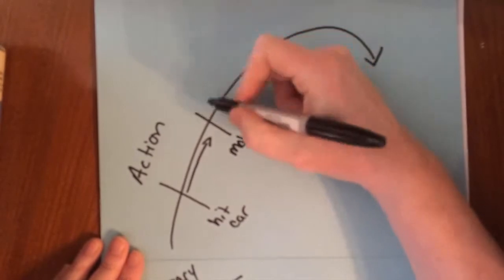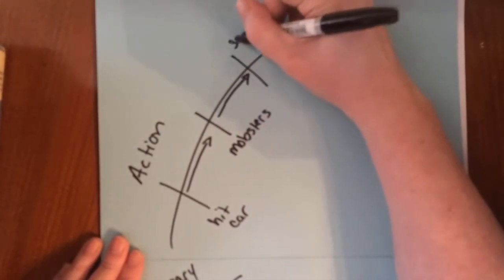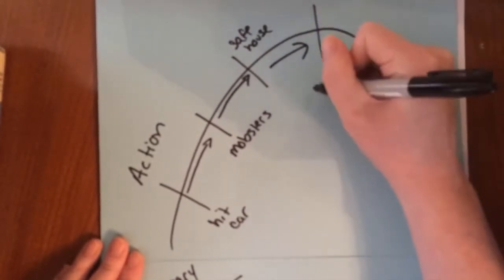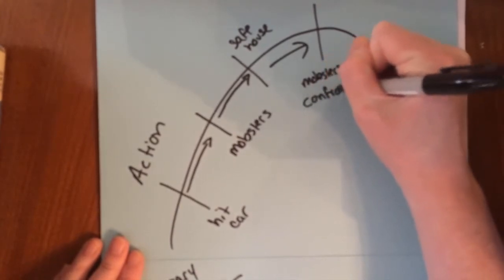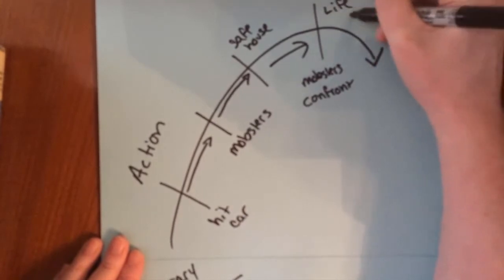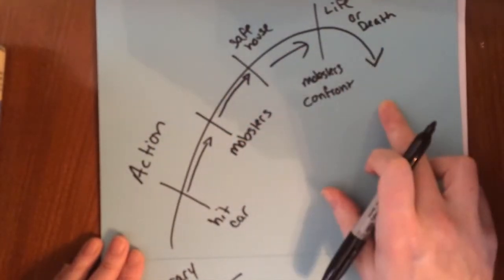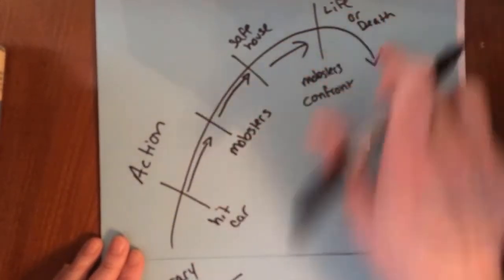And because the mobsters are chasing them, that person has to keep running away until they find a safe house. And then ultimately, the mobsters confront them, and you either have life or death. So this is a steady trajectory, the genre plotline, and it's done using action. Actions are what move the plot forward.